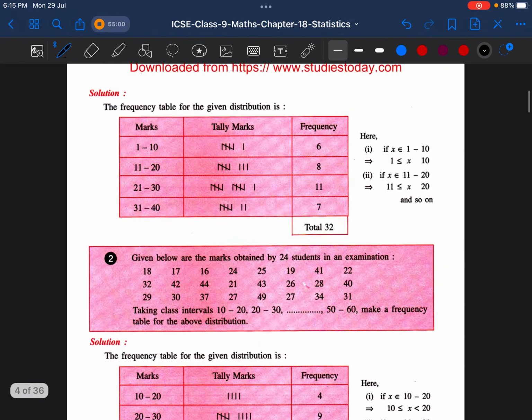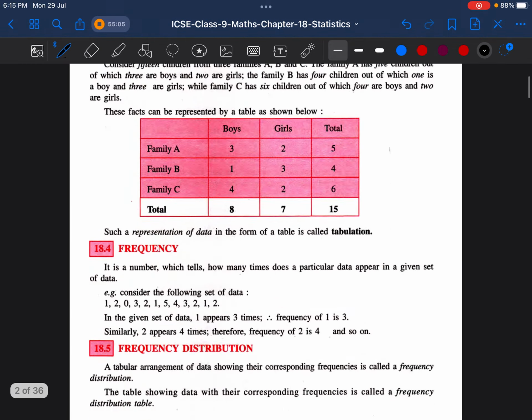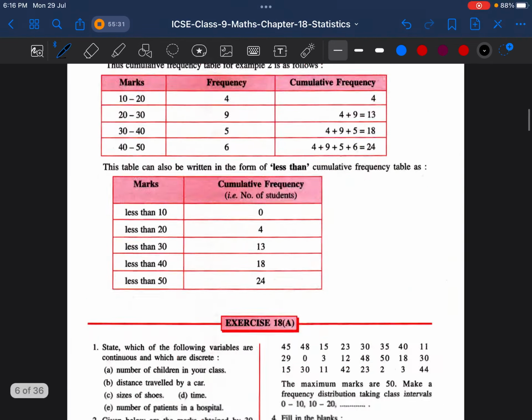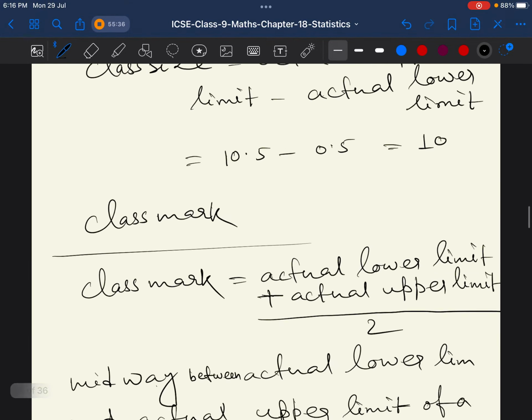In an exclusive distribution: 10 to 20, 20 to 30, 30 to 40. Here this is the marks, this is the class, then the frequency. Now we have to find the cumulative frequency table.